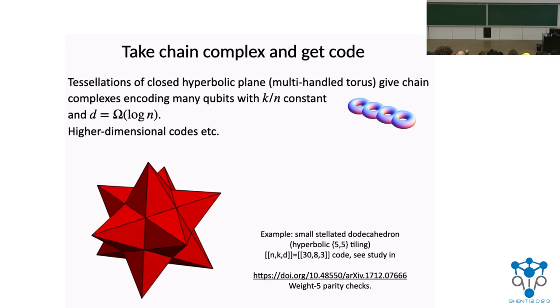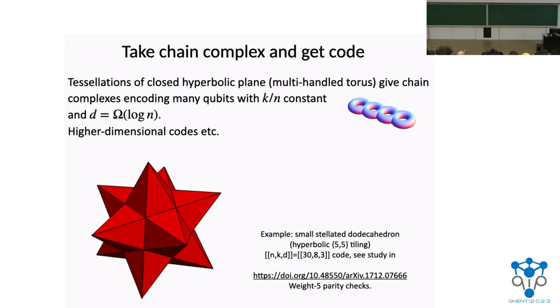And you can see these types of tilings. There's a classification of what kind of tilings you get. This would be a 5-5 tiling, which is pentagons, 5 of them coming together at a vertex. But you can also have 5-4 and 3-7. There's a whole variety of these things.